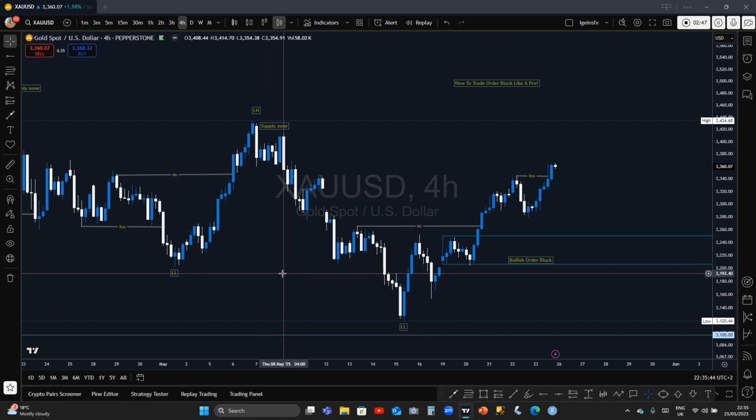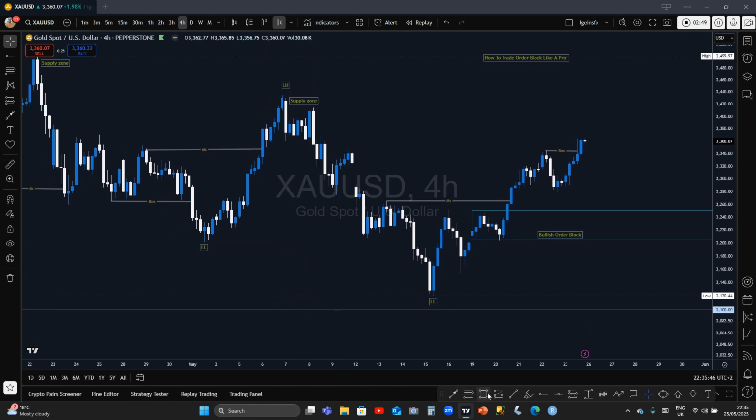Now, this very point here is an example of an order block. Let me circle it so that you will understand this point.